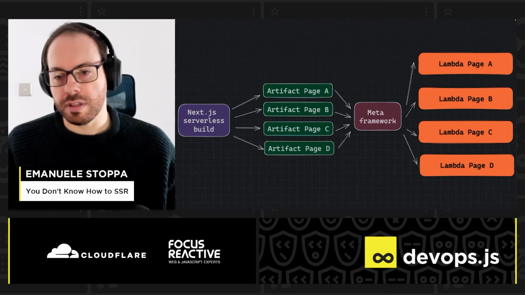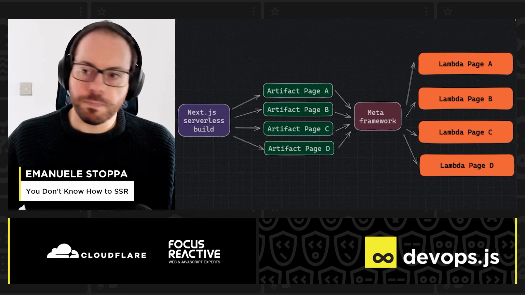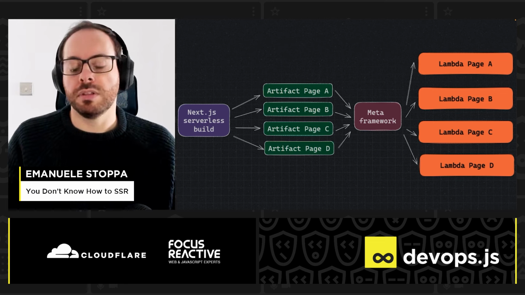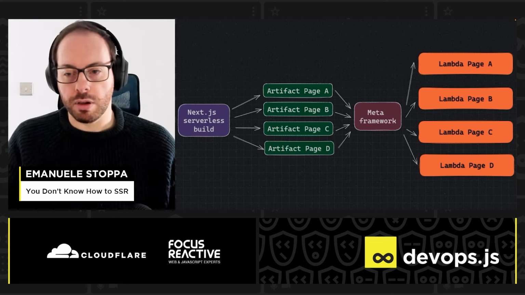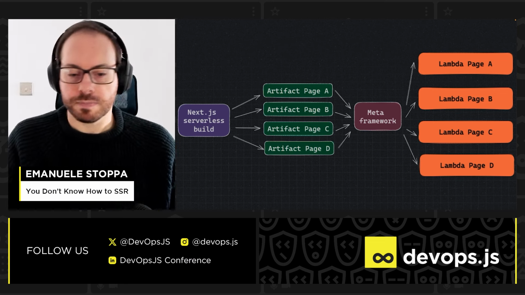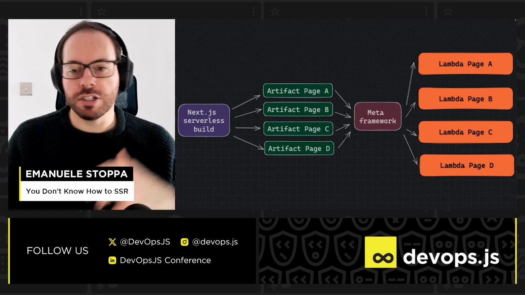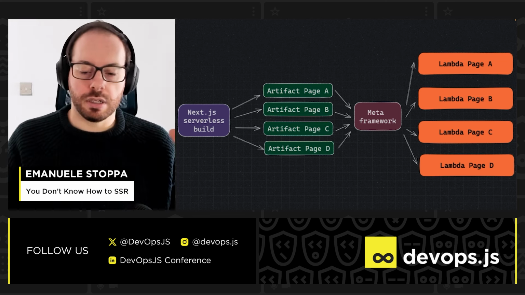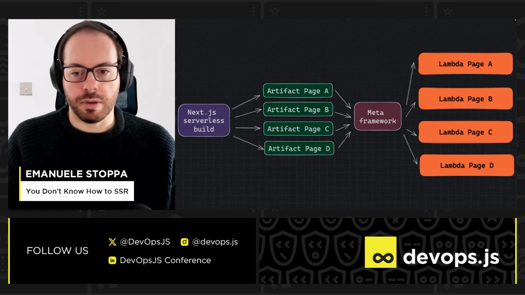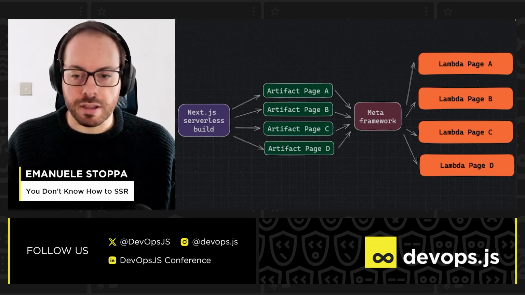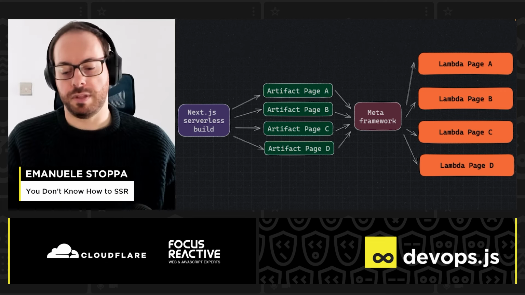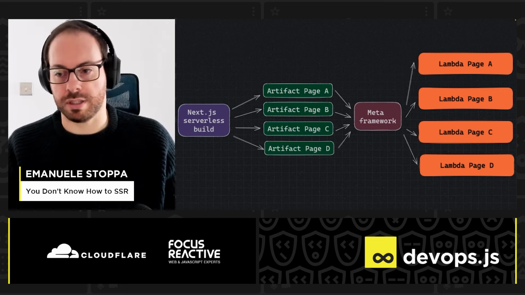So at the end of the build, we had all these lambdas that we were able to deploy in the different environments, execute them at each request, and get just the page that we asked for, and have client-side navigation from there. That's how Next.js used to work at that time.